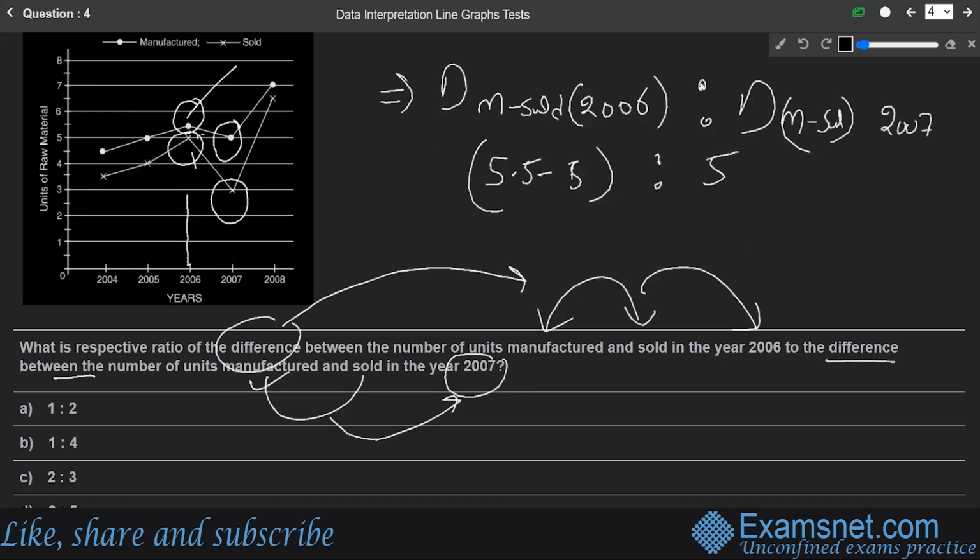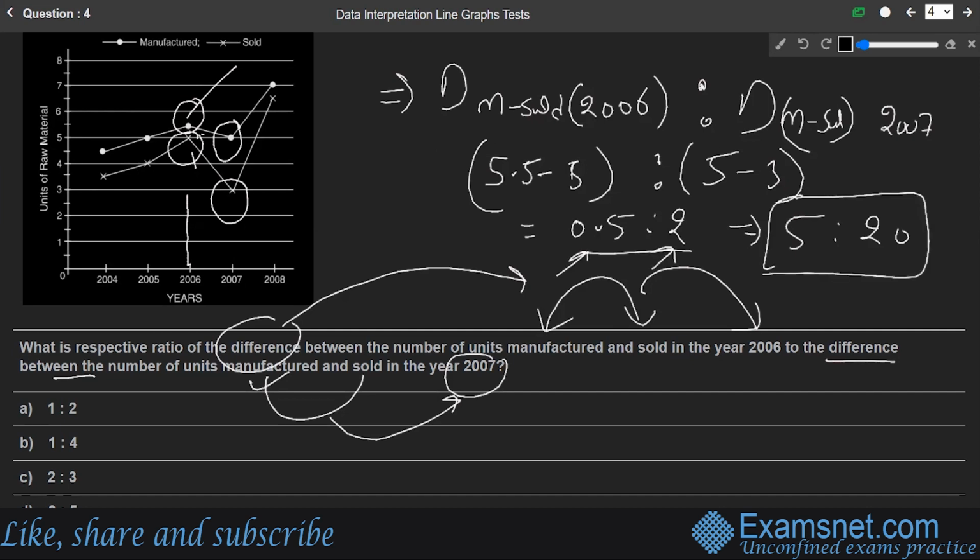So the difference is 5 minus 3, that is 2. The respective ratio is 0.5 is to 2. Multiplying both numbers by 10, it becomes 5 is to 20, and dividing both by 5, the ratio becomes 1 is to 4. That is the right answer, available in option number B.